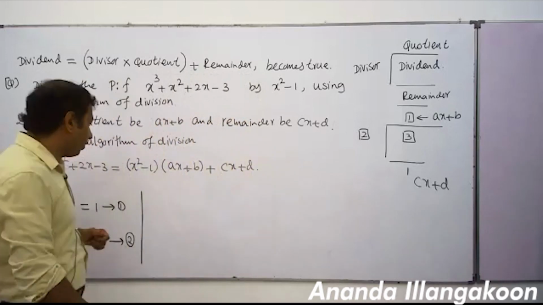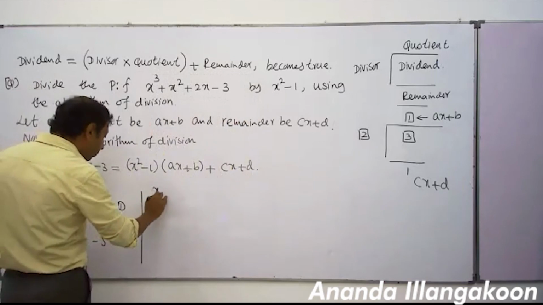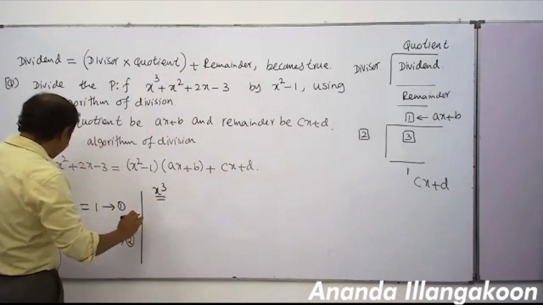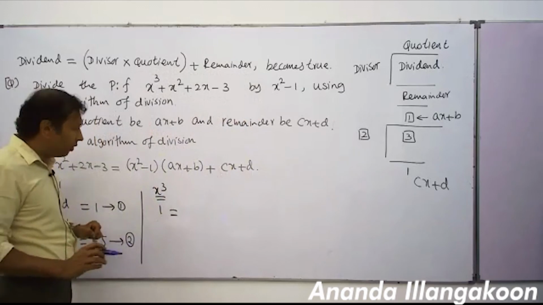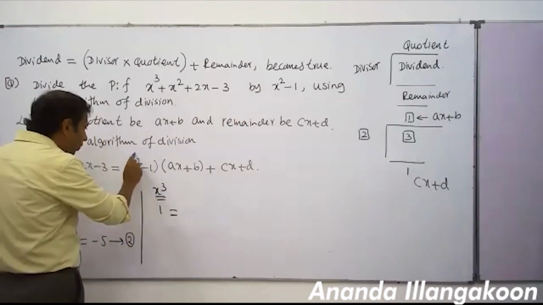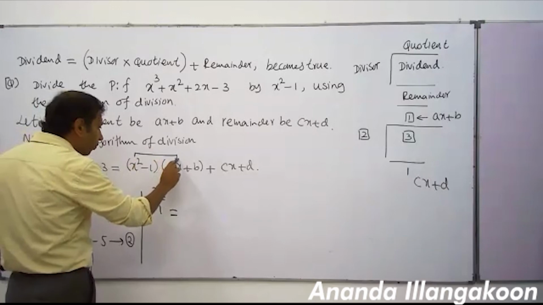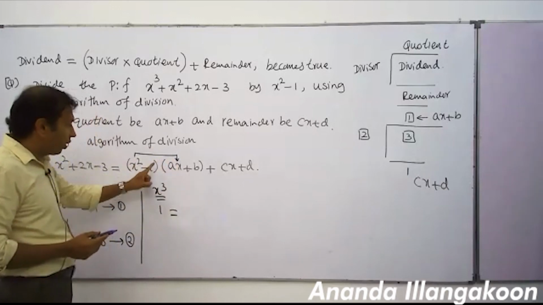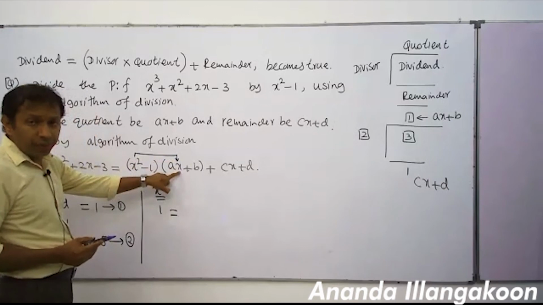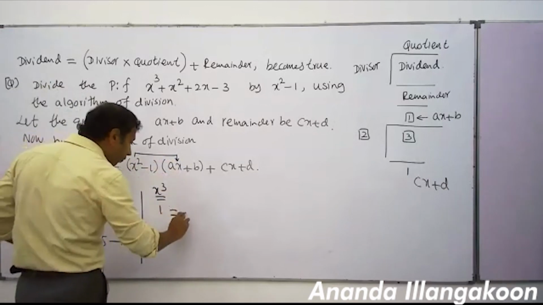In the left hand side, the x cube coefficient is 1. In the right hand side, x cube terms are coming like this. When you take this x squared, then this ax, when you multiply, what do you get? x squared into x is x cube, and the coefficient is a.